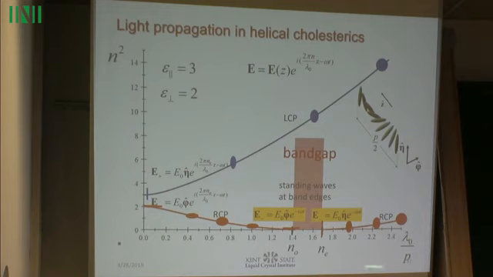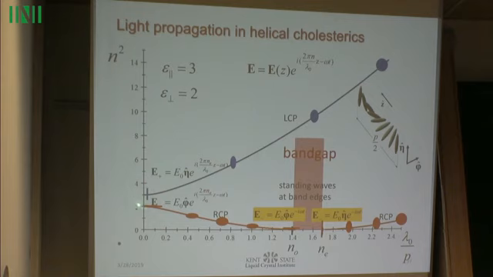In the limit when the pitch is infinite, we have an ordinary nematic, and we get the two modes we talked about earlier: the extraordinary mode and the ordinary mode, as before. But then as we move away along this branch, which is the solution with the positive sign when we looked at the equation for the refractive index, nothing really interesting happens. This plane polarized light becomes more and more circularly polarized.